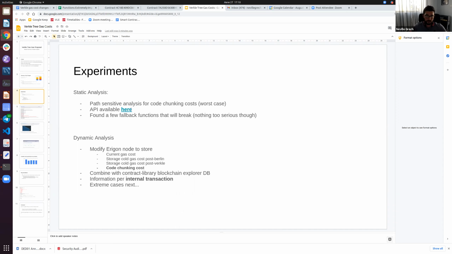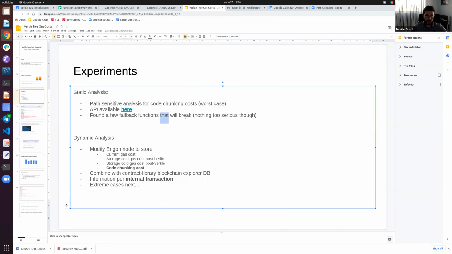There's an API available. There's around 30,000 contracts which were used recently there. Yeah, we found a few fallback functions that will break, but there was nothing too serious exposed by that experiment. In fact, none of the experiments exposed anything which is serious.